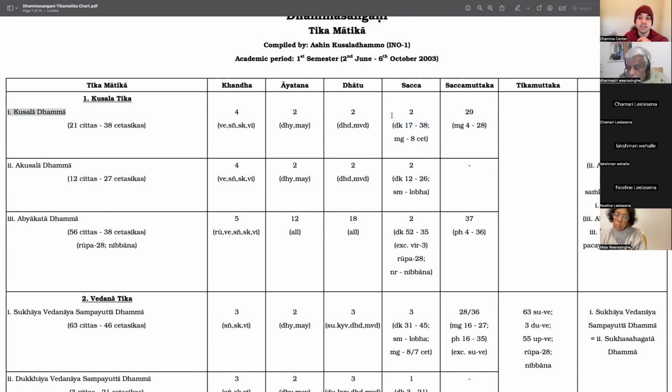Kusala dhamma is dukkha satcha means that it supports the existence, the rebirth process. Kusala can also lead the way to future dukkha. Is that clear, everyone?